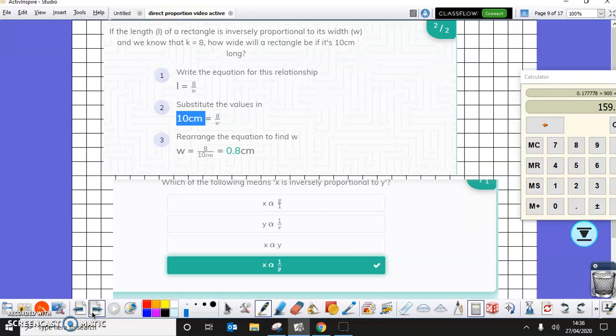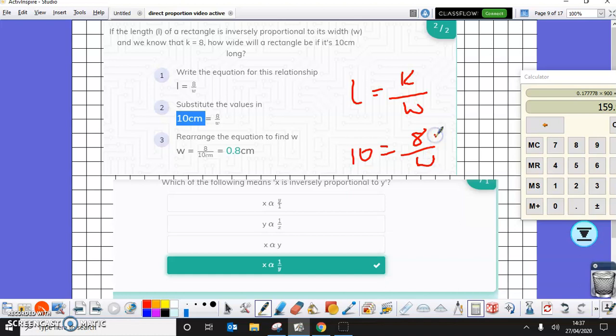Okay. If the length L of a rectangle is inversely proportionate to W, so again thinking L equals K over W. Okay. We know that K equals 8, so my K is going to be equal to 8. How wide will the rectangle be if it's 10 centimeters long? So we're going to put 10 there. Width.